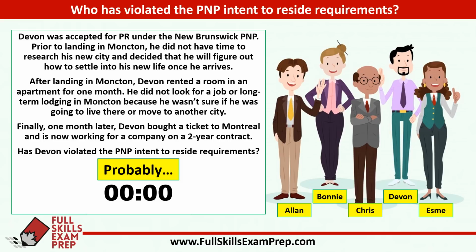One of the points I wanted to make with this story is that it's not enough for a person to simply land in a province and then move somewhere else. So that's not the intent to reside requirements, right? And even though, as we saw, the person is certainly covered under the Charter and able to move, there's a lot of things you can do to make sure your client doesn't do this, and to make sure that your client doesn't think this is okay, because at any time, of course, theoretically, the government could look at the application again, look at how the person's doing.